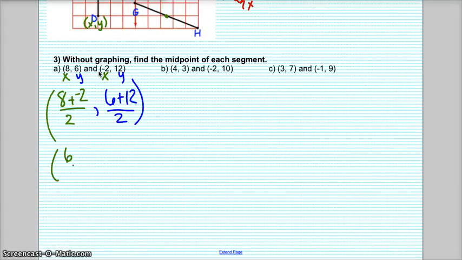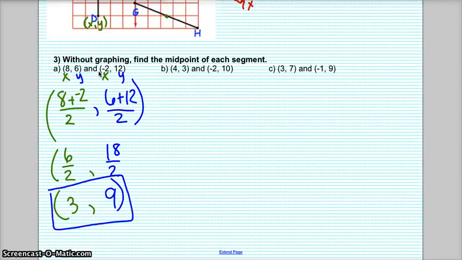This is going to give me 6/2, which is 3. And this is going to give me 18/2, which is 9. So if you were to have plotted these values on a coordinate grid, which why do you need to when we can find the average? The ordered pair for the midpoint is (3, 9).